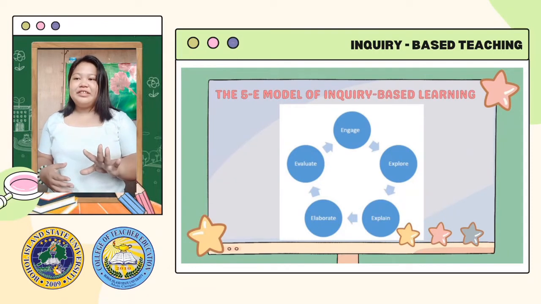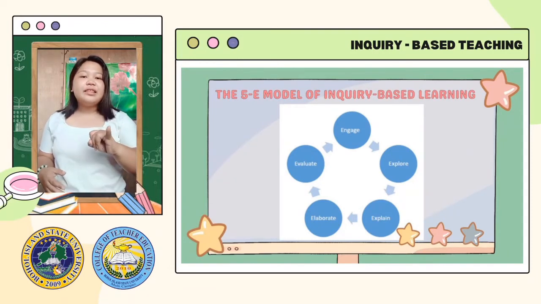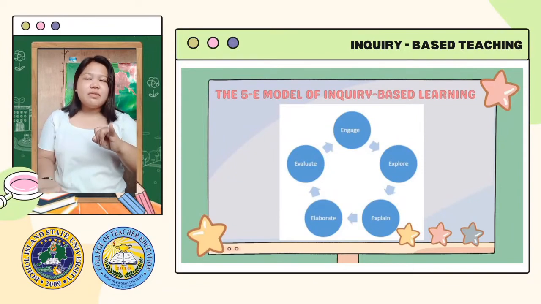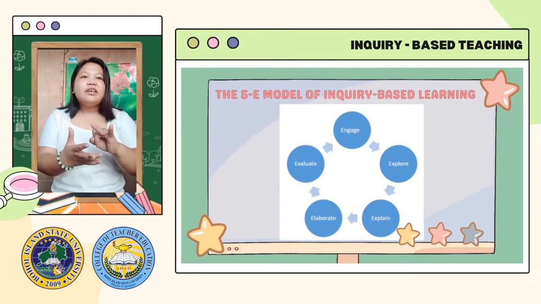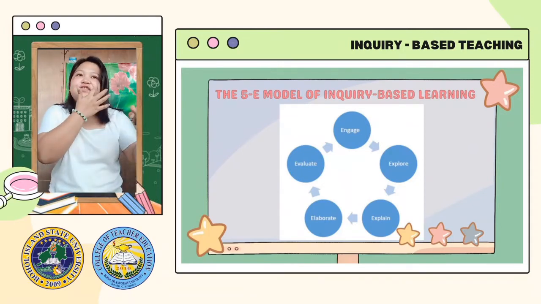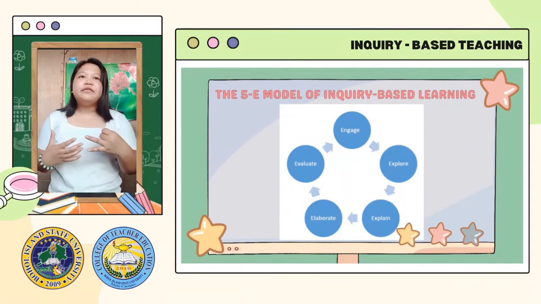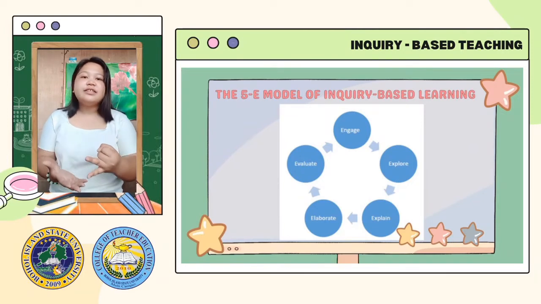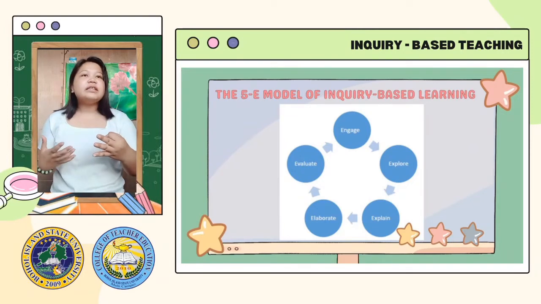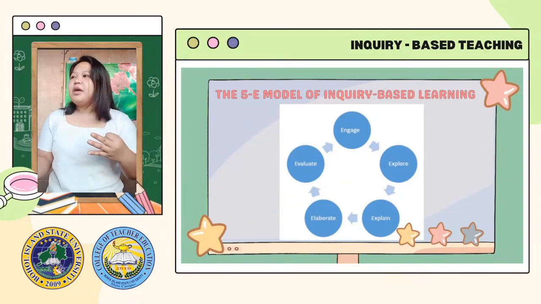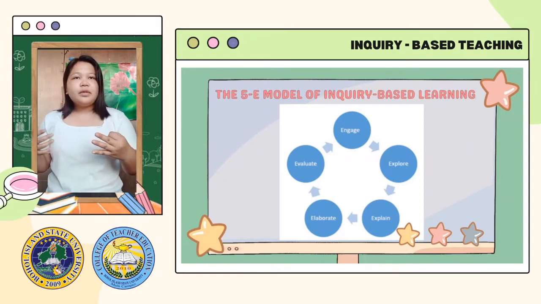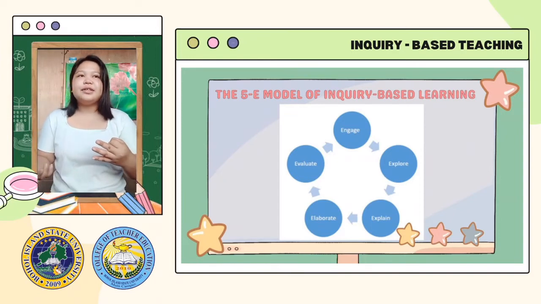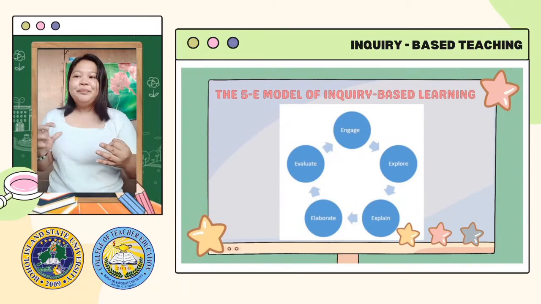The 5 stages. We have the engagement, the engagement in the learning process, or the inquiry learning. The exploration on different concepts, no? Finding relevant information that is related to the concept. Explain. They have to explain those concepts that they have covered, those that are related to the current concept, no?